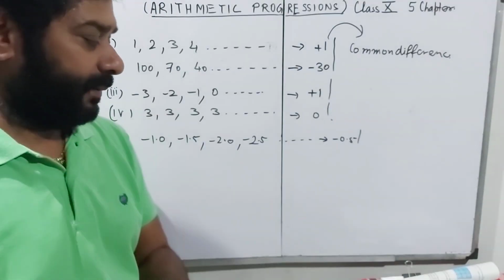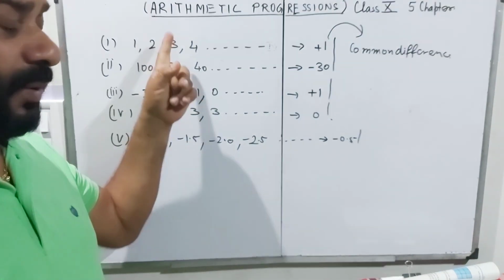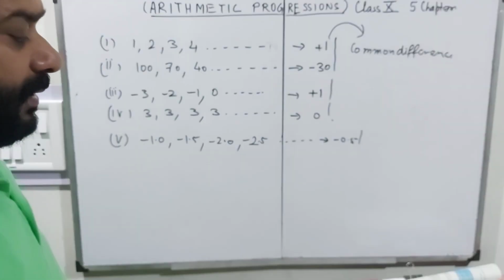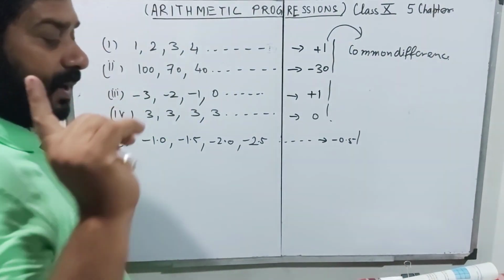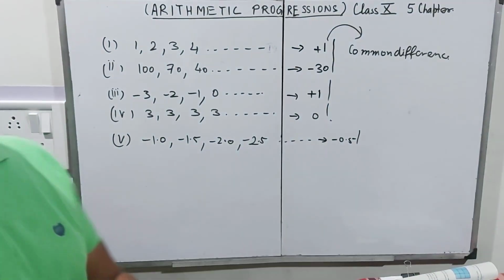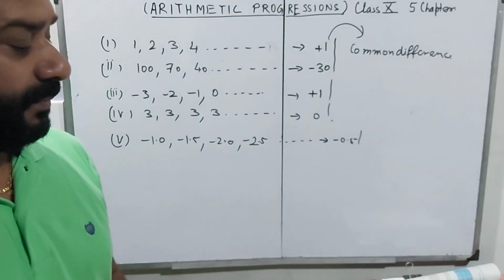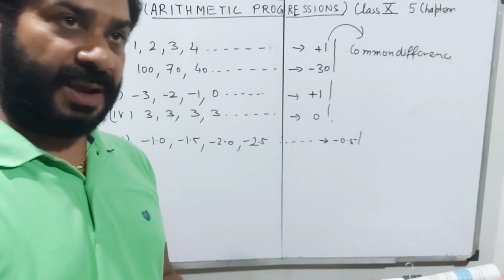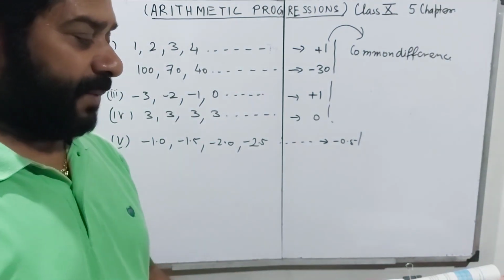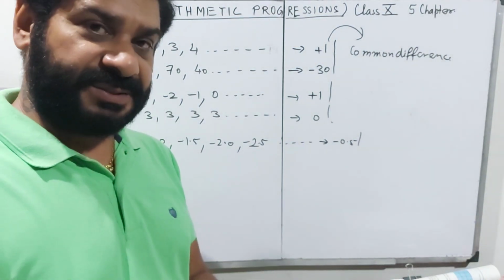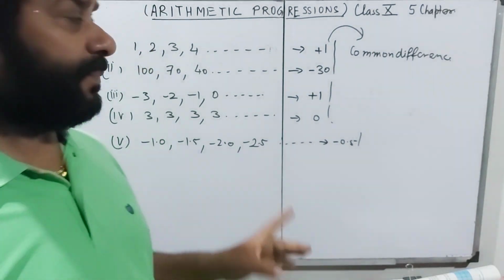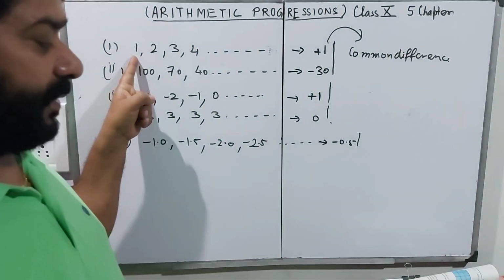Therefore, an arithmetic progression is a list of numbers in which each term is obtained by adding a fixed number to the preceding term, except the first term.